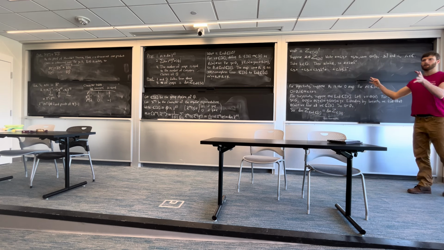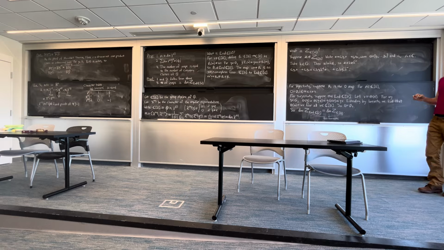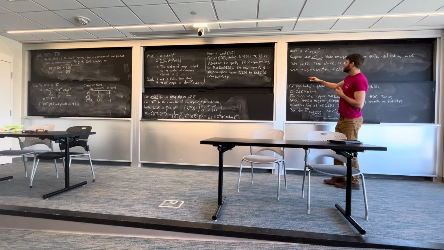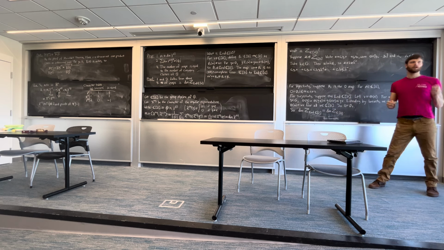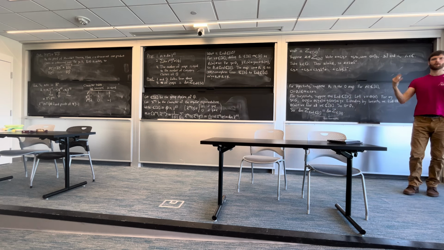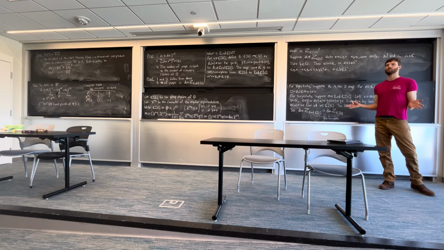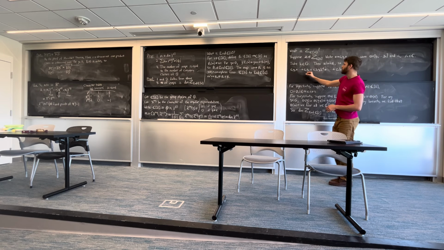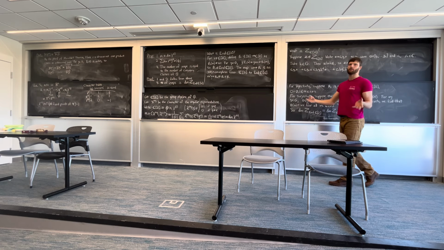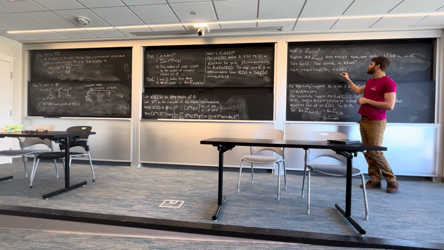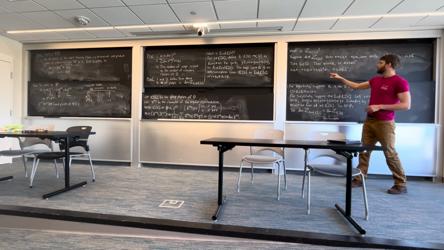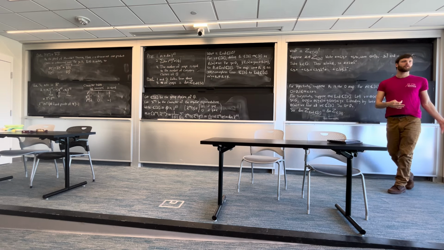So let's see what we can deduce from this, because this is some linear combination of the elements of G, which are a basis for the group algebra. If I'm thinking of the group algebra as a vector space, this is a linear combination of linearly independent things. And as G1 through Gn ranges over the elements of the group, the conjugates by H also range over the same elements.